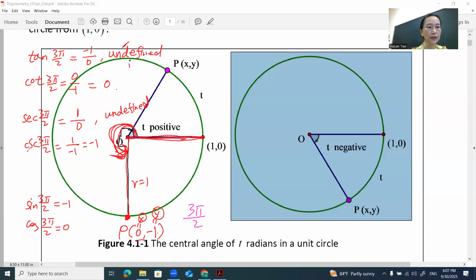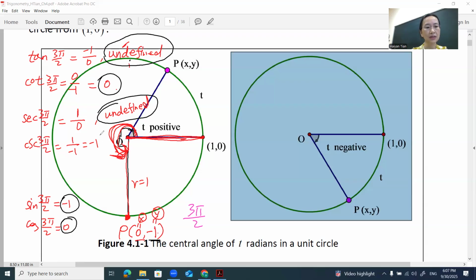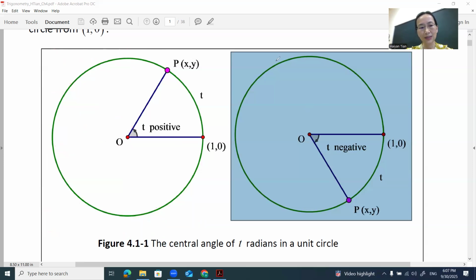So now we have found sine, which is the y value, y coordinate, cosine, and tangent, which is undefined, cotangent, secant, undefined, cosecant. So this is one application to show how we use the point on the unit circle to evaluate 6 trigonometric function values at a certain angle.